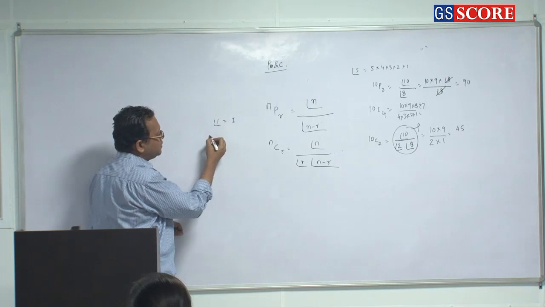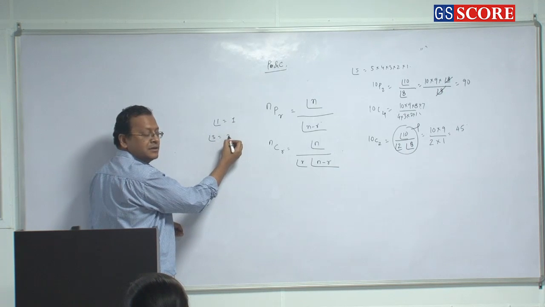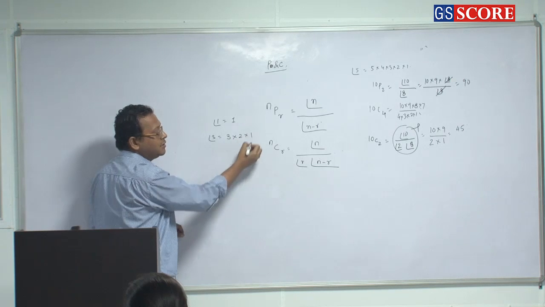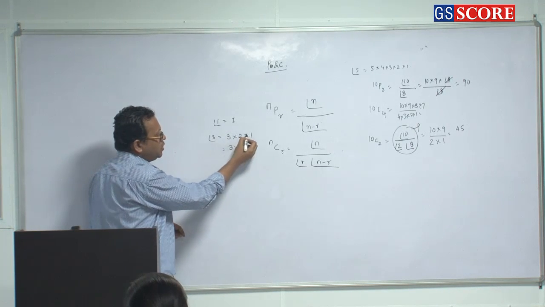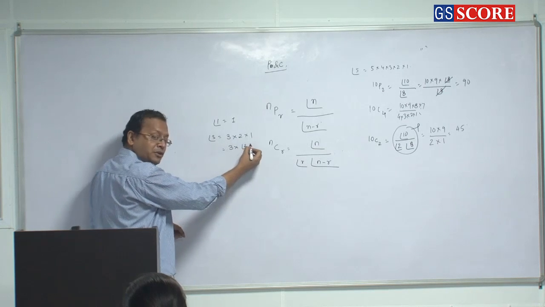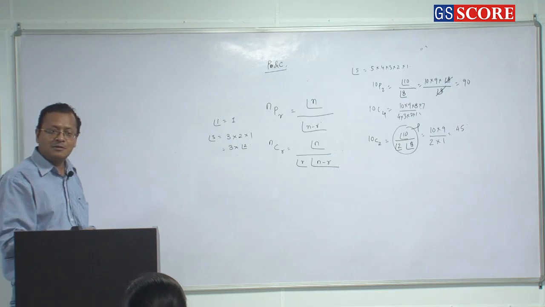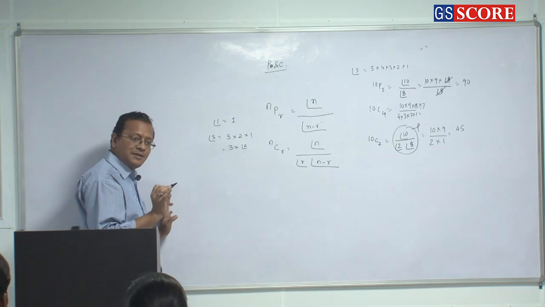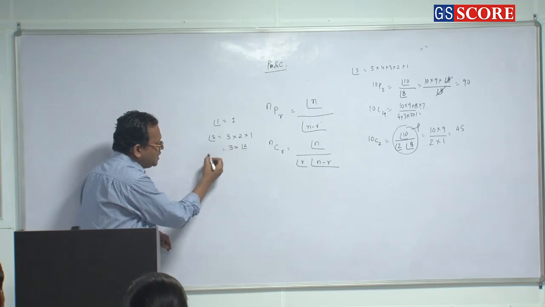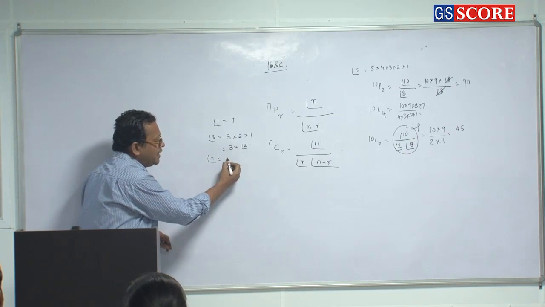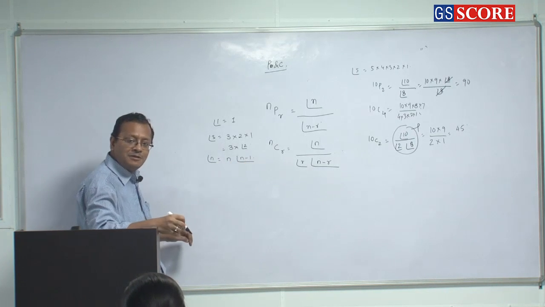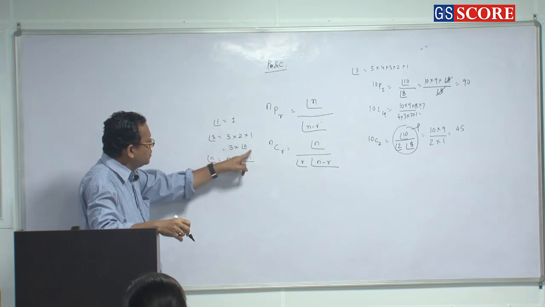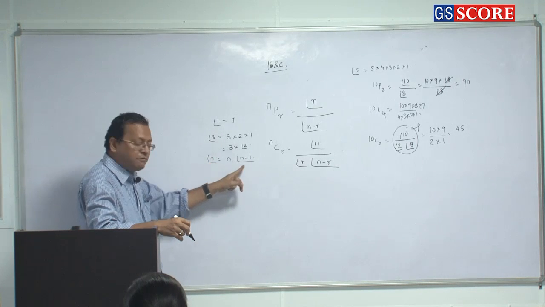What is factorial 3? 3 into 2 into 1, which can be written as 3 into factorial 2. So instead of 3, if I write n, we can write n into factorial n minus 1, isn't it?